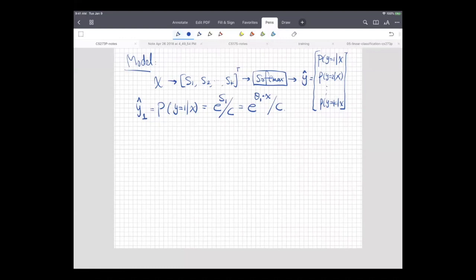That will be the probability assignment of the first class. And you can similarly write down the probability of assigning all individual classes. The last one, the probability of assigning y equal to k given x, will be the exponential of the last score divided by c. That will be exponential of theta k dot x divided by c.